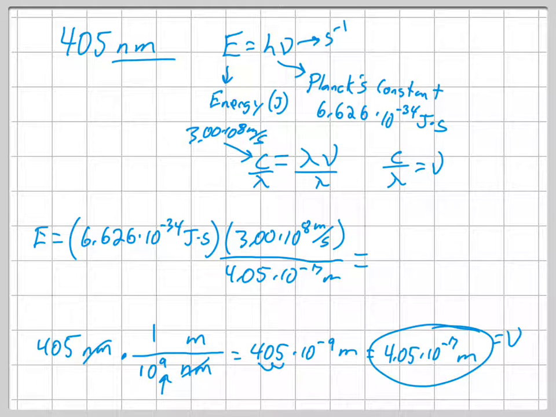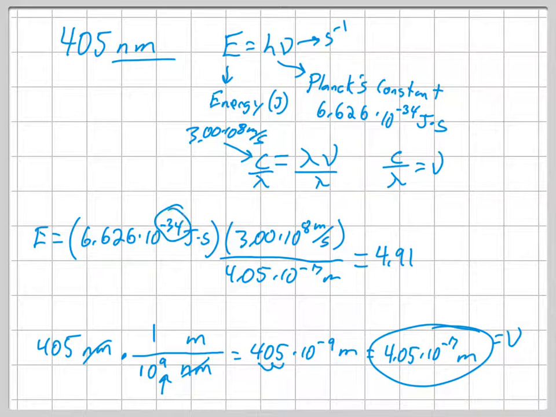I'm going to do the coefficients first, because I'm using just the calculator that's built in on my computer. 6.626, and then I'm going to multiply that times 3, and then I'm going to divide that by 4.05, and I will get 4.91. All right, so I know that that's going to be my start. I've got 3 significant figures.